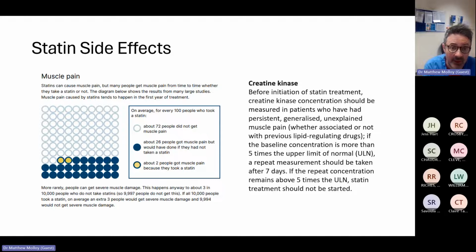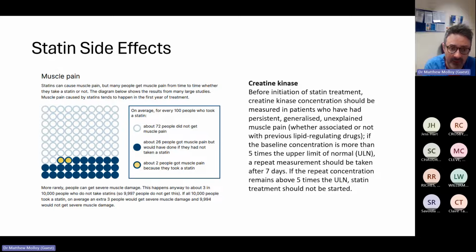This diagram shows how many patients will get muscle pain as a direct result of taking a statin. For every 100 people who take a statin, about 72 will not get muscle pain. 26 will get muscle pain, which they would have done regardless of whether they took a statin or not. And about 2 got muscle pain because they took a statin. So around 2 out of the 100 would get muscle pain.